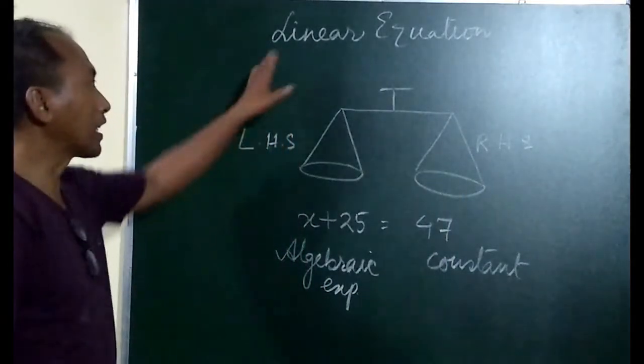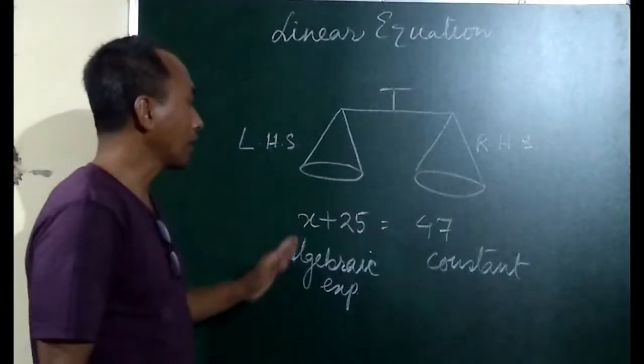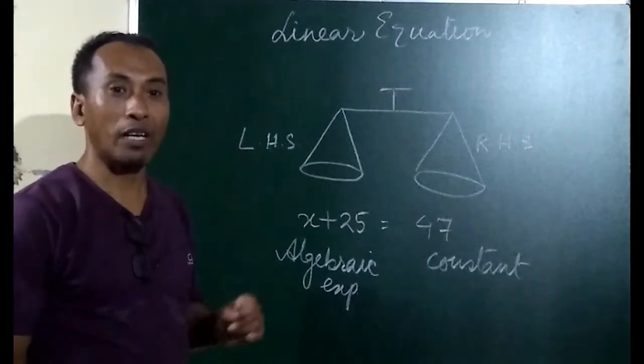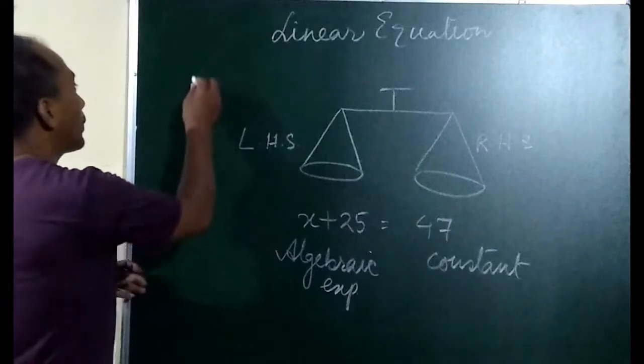Now let us come to linear equation. What is a linear equation? A linear equation is an equation which has one variable with exponent as 1. I'll write it for you.